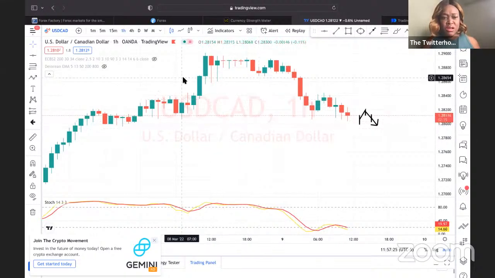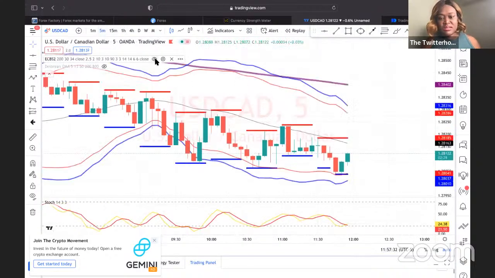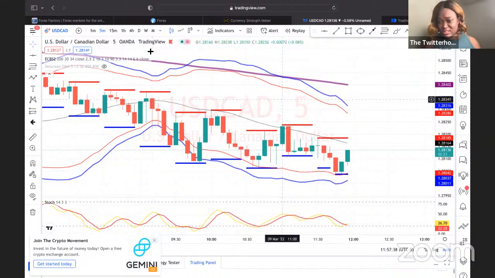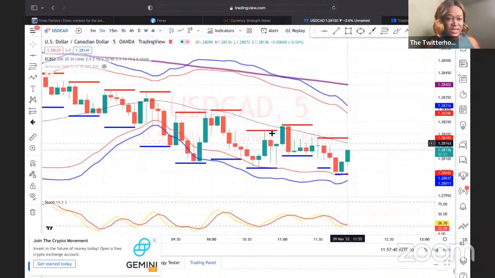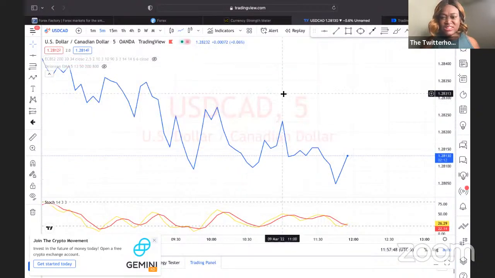So we see a pullback happening, and it looks like it's pulling back to this here where I had seen. Let's go back again. Shouldn't have deleted this. It just has to pull back.